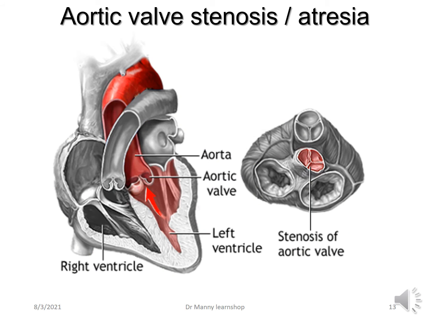Then you've got aortic valve stenosis and atresia, underdevelopment of the aortic valve, which could result in atresia of the aorta as well. Essentially, blood isn't moving very effectively through the heart as a consequence of all these valve stenoses.